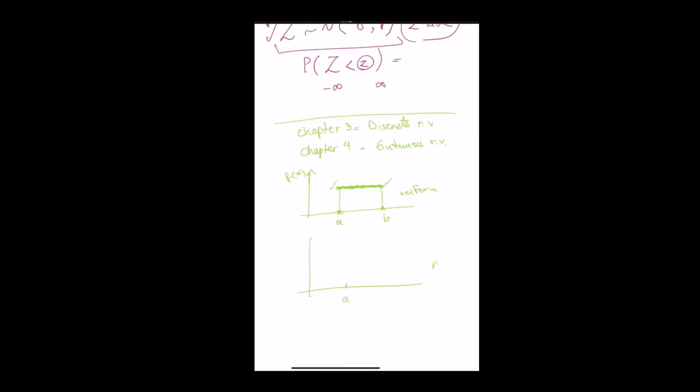But if this is normal with average, let's say A, then the shape of the probability density function is like a bell shape, like this.